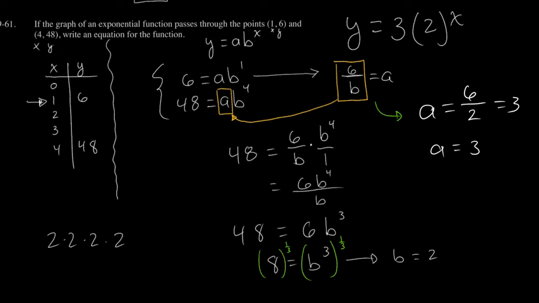And 16 times 3 is 48. So this solution that we've written down does satisfy both of our equations. It works for the point (1, 6), and it also works for the point (4, 48).